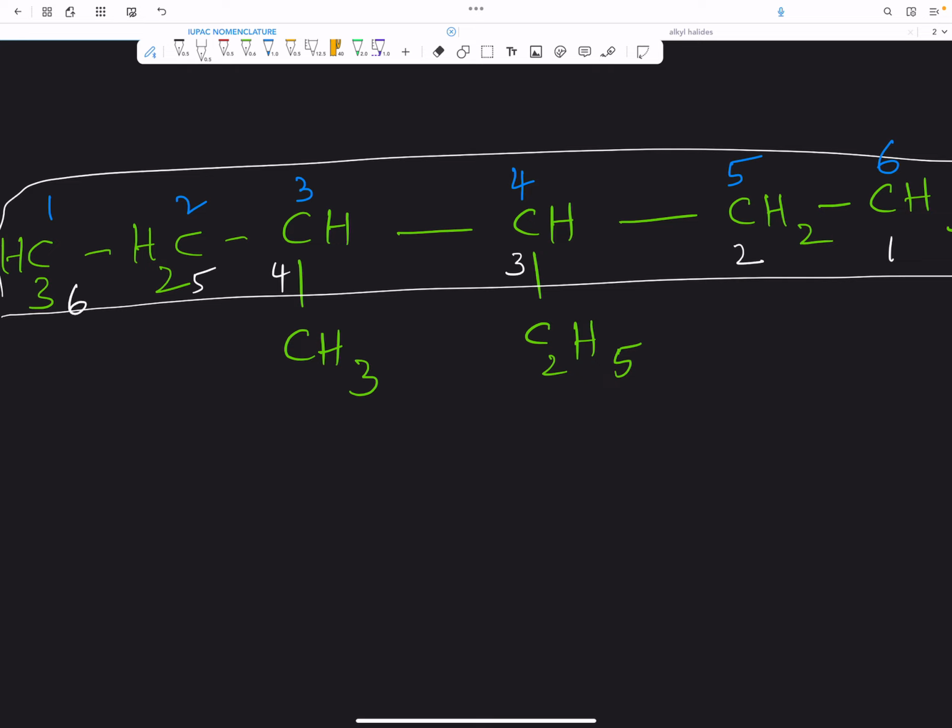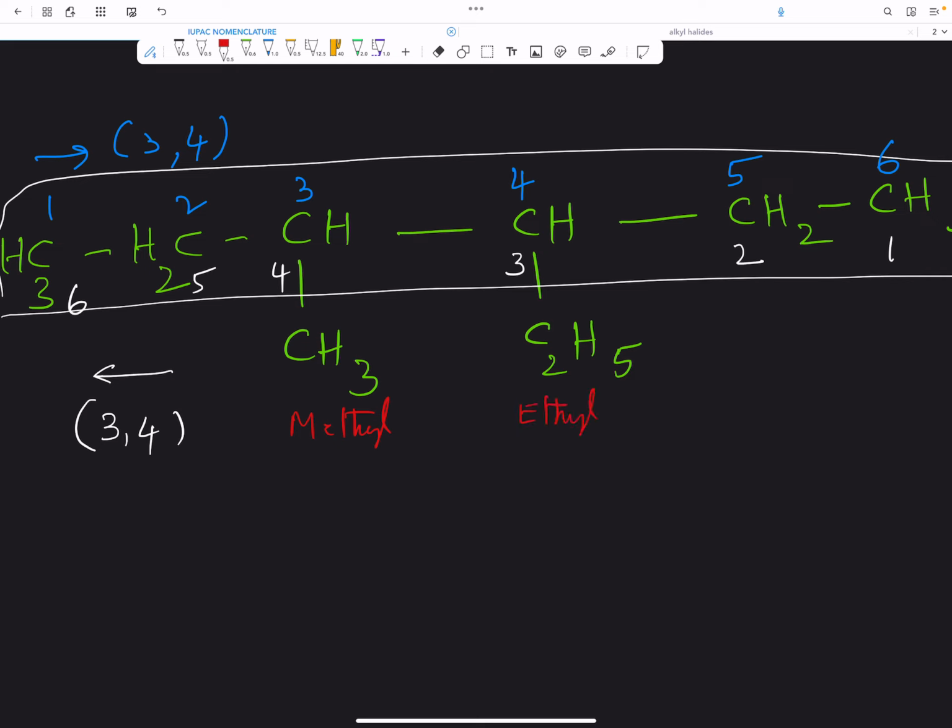Now write the set of locants. In this direction the set of locants is 3 and 4. In this direction the set of locants is 3 and 4. But here the substituent is methyl, so this is methyl and here it is ethyl.